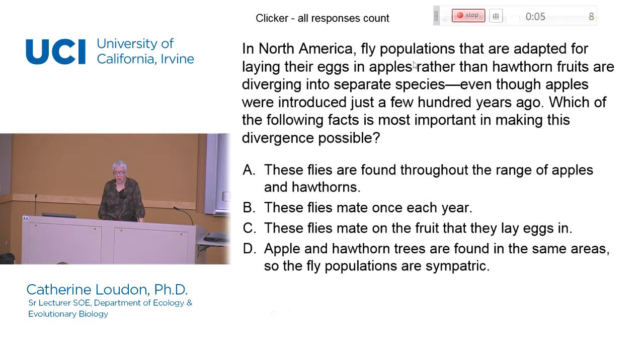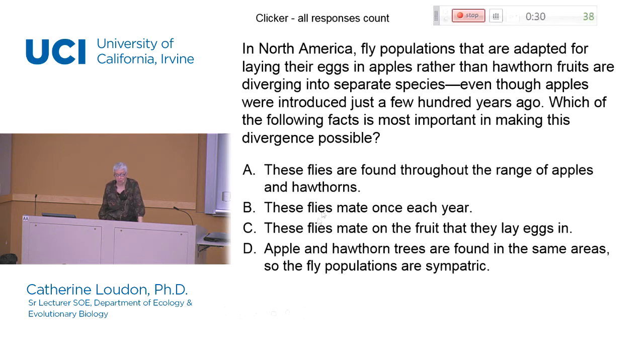So in North America, fly populations that are adapted for laying their eggs in apples rather than hawthorn fruits are diverging into separate species, namely the hawthorn flies and the apple flies, right? Even though apples were introduced just a few hundred years ago. Which of the following facts is most important in making this divergence possible, meaning the divergence between the hawthorn flies and the apple flies? A, these flies are found throughout the range of apples and hawthorns.